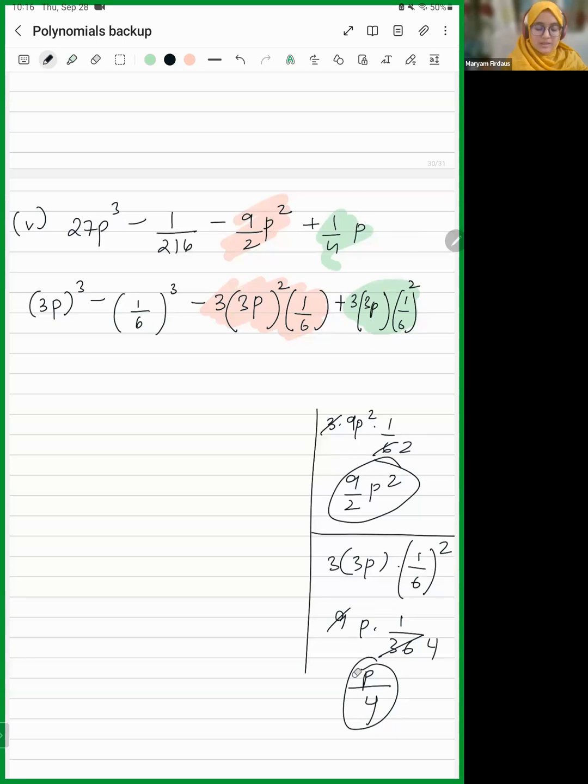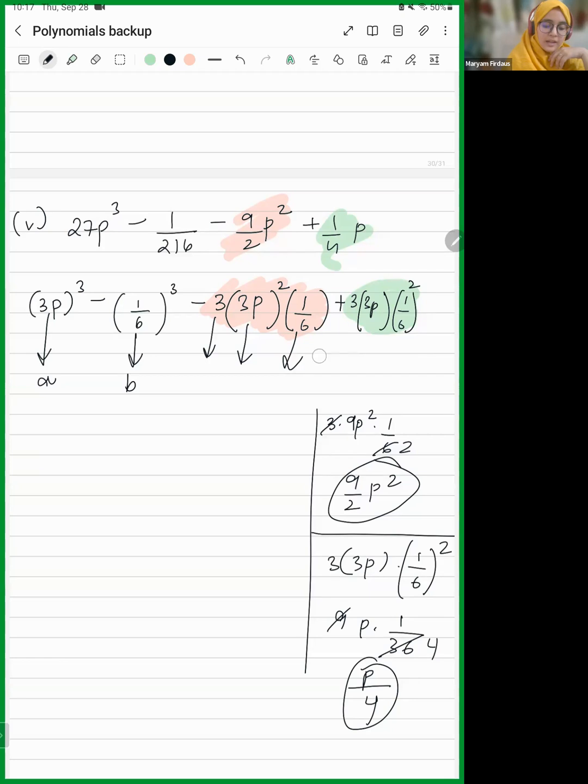So what I was saying is, don't think about how you are going to get 9 by 2 p square. Just write the formula. From these two terms you have identified what A is and what B is. Now put the value of A and B in your formula, which is 3a square b and 3ab square.